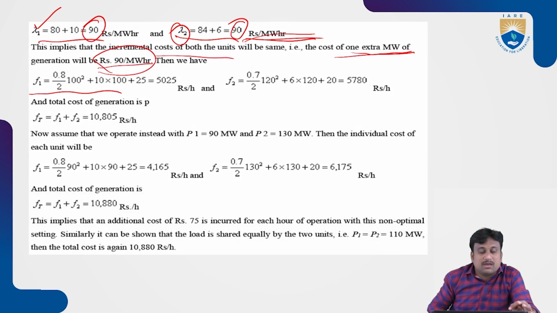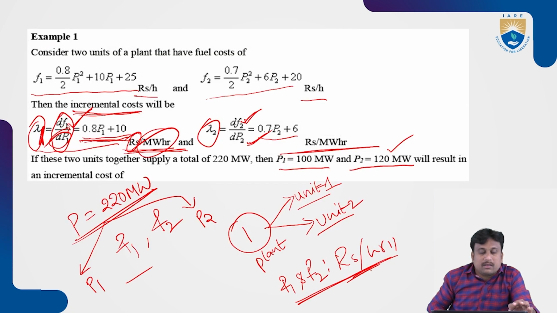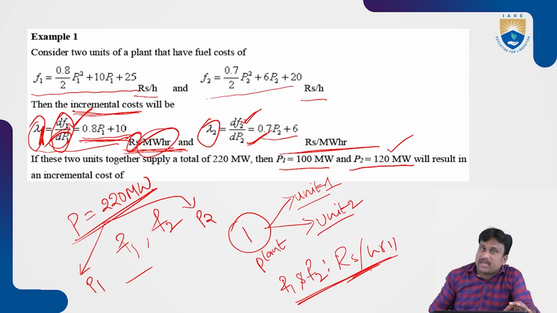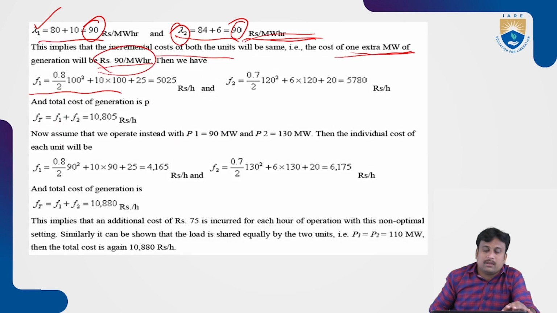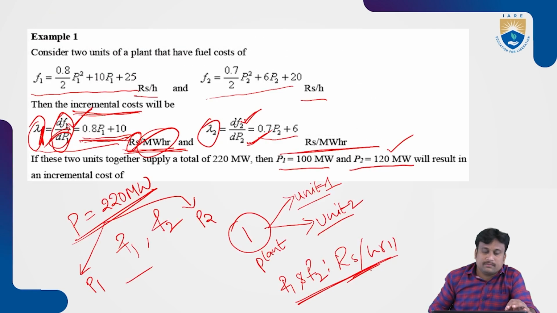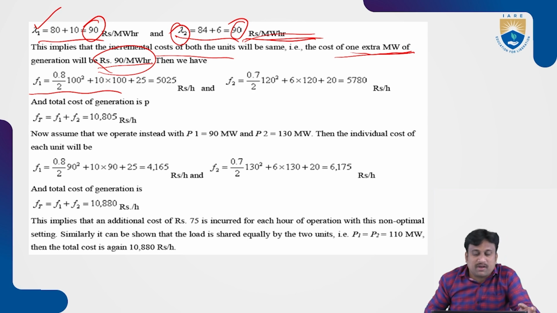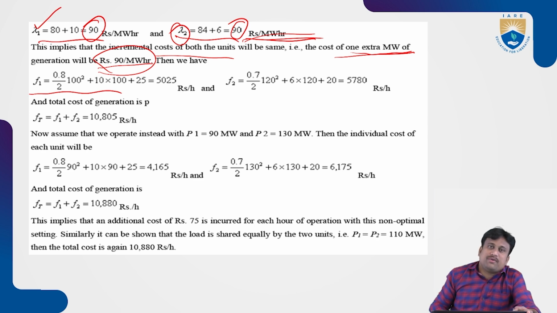Substituting P1 as 100 megawatts: 0.8/2 times 100 squared, plus 10 into 100, plus 25, which equals 5025 rupees per hour. This is the incremental fuel cost of unit 1, that is F1.